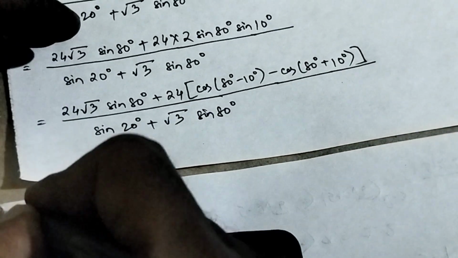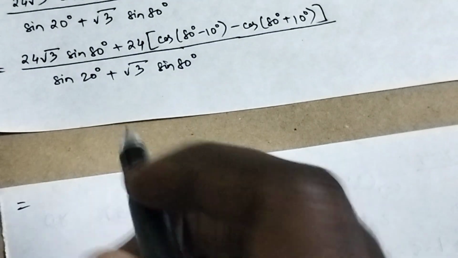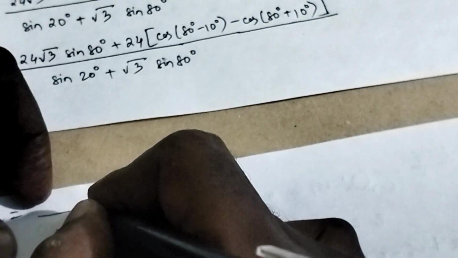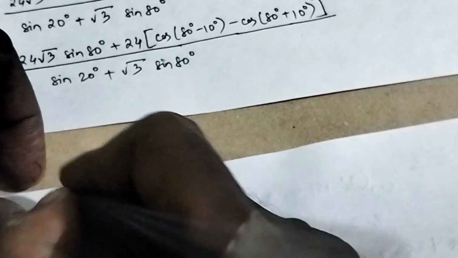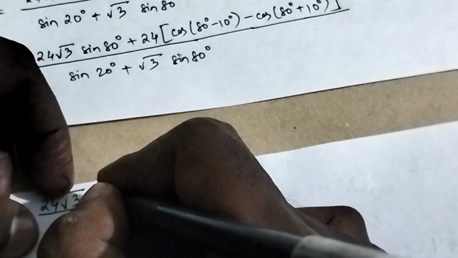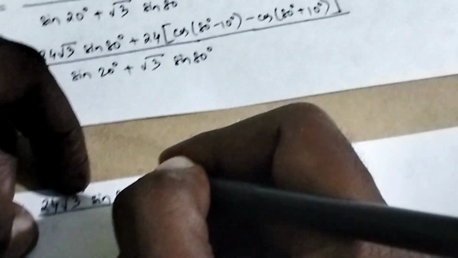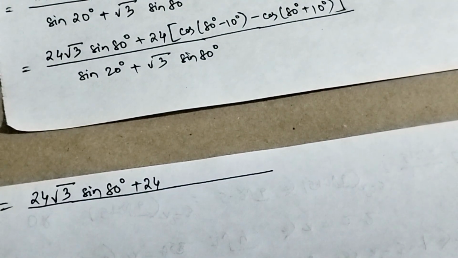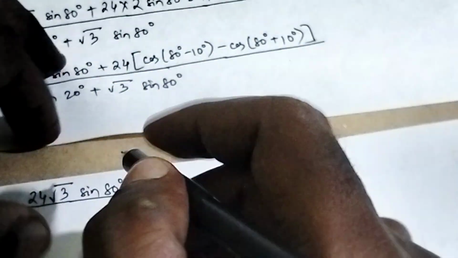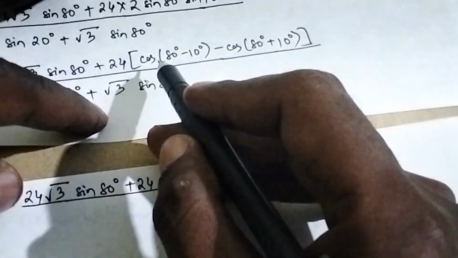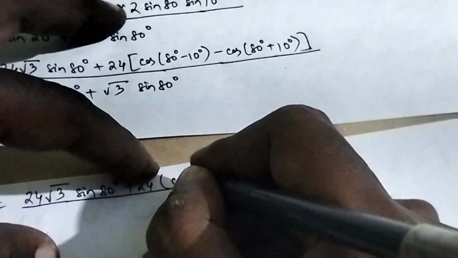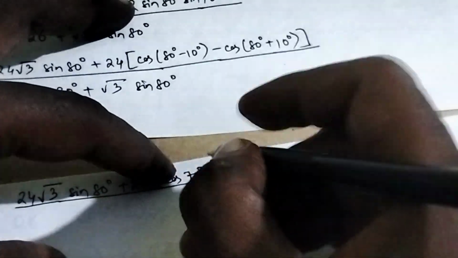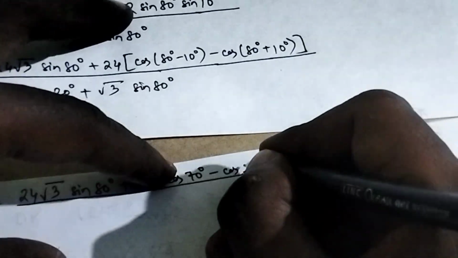So this will be equal to 24 root 3 sin 80° plus 24 into cos 70° minus cos 90°.